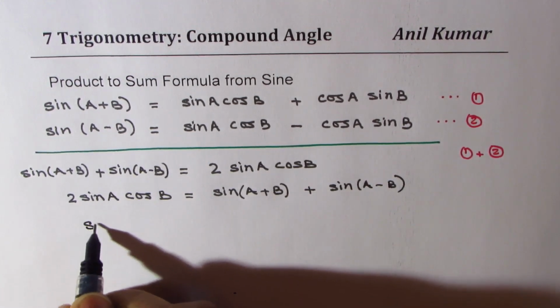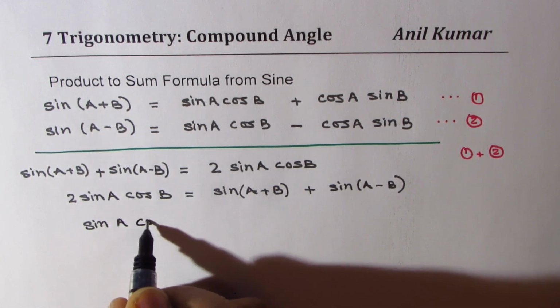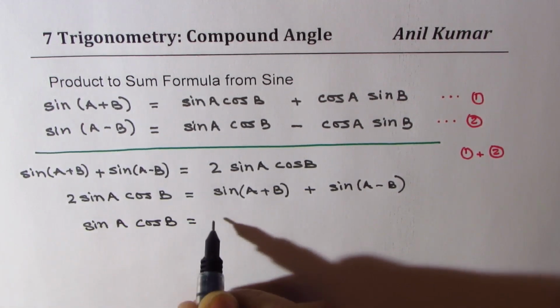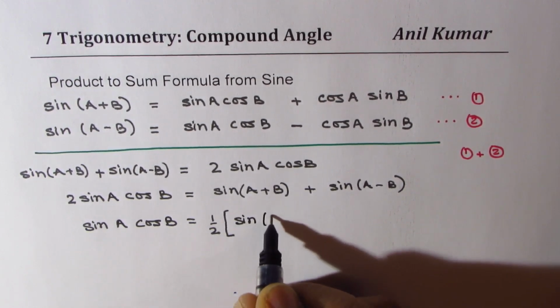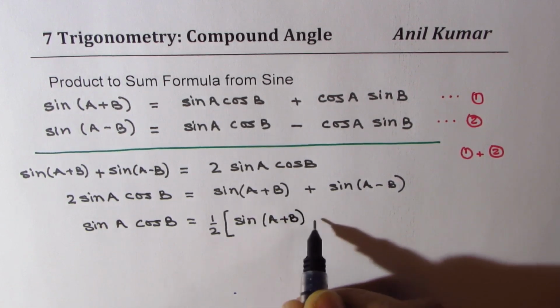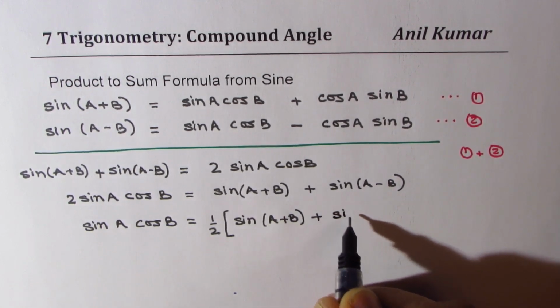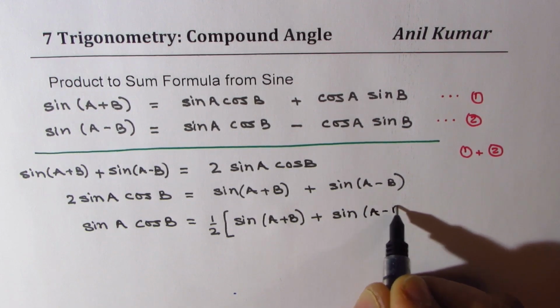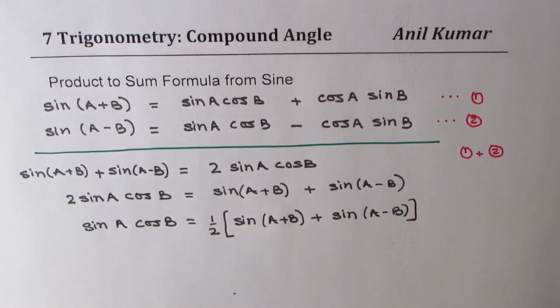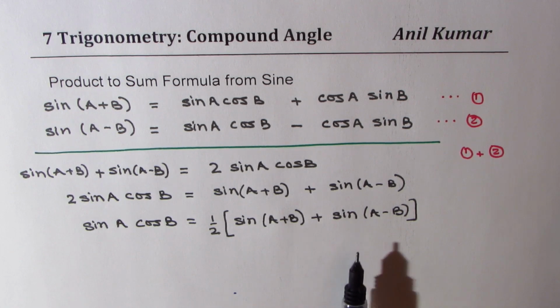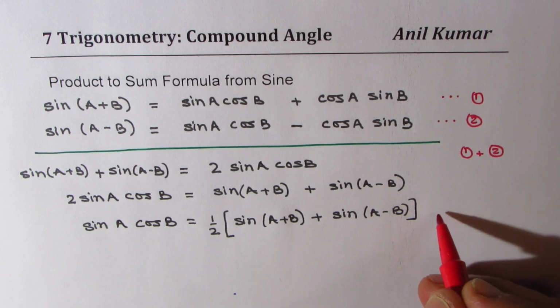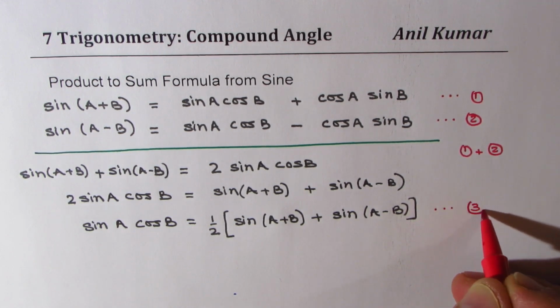So I could write this also as sine a cos b, which is product of sine and cosine, is half of sine a plus b plus sine a minus b. You see that? So we derived another formula which is called product to sum, using a plus b and a minus b for sine, correct? So we'll just call this as formula number 3 for the time being.